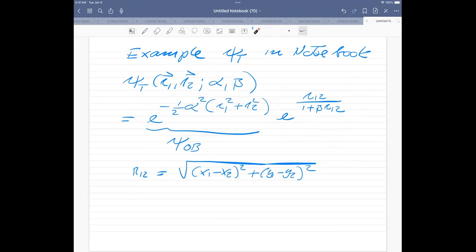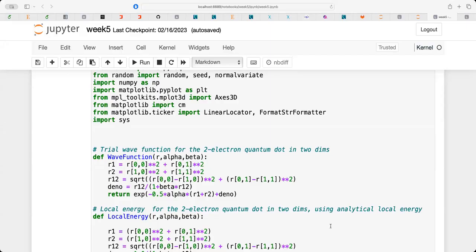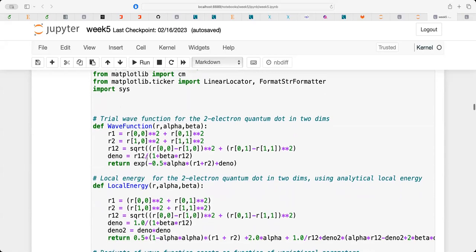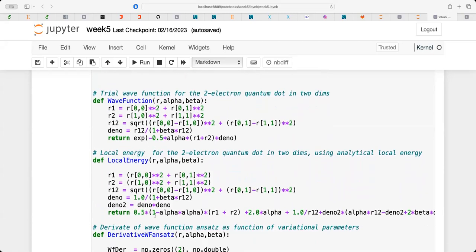So if we then go back to the Jupyter notebook and look at the way we have implemented it, you will now see the trial wave function here. This is the wave function. Then, in this specific case, I've calculated the local energy analytically by taking the derivatives of the wave function.